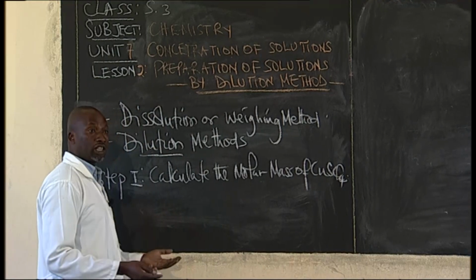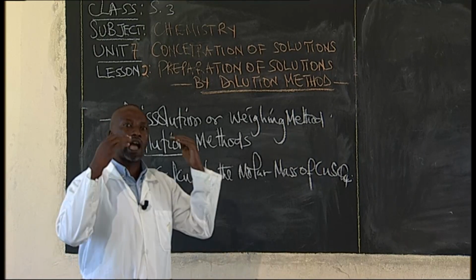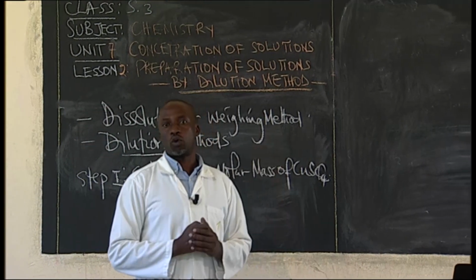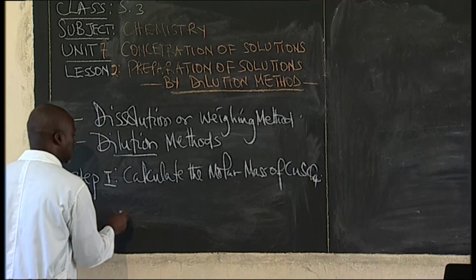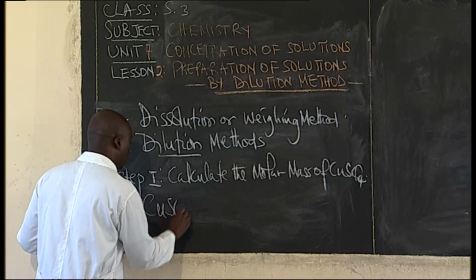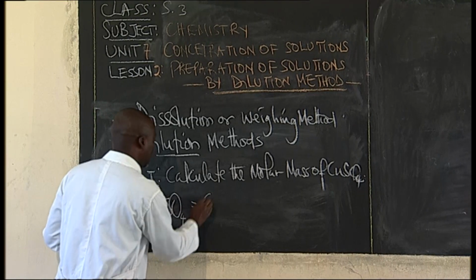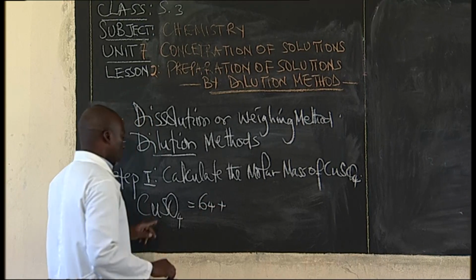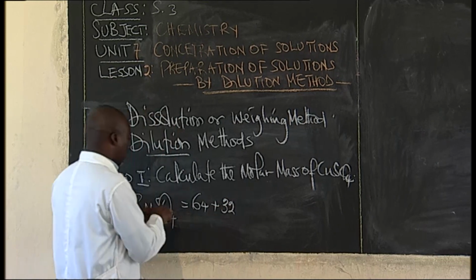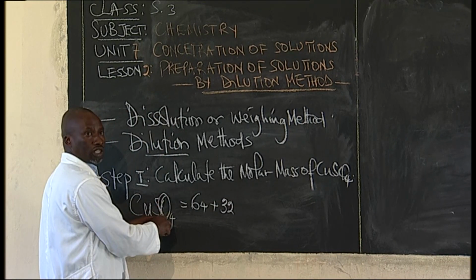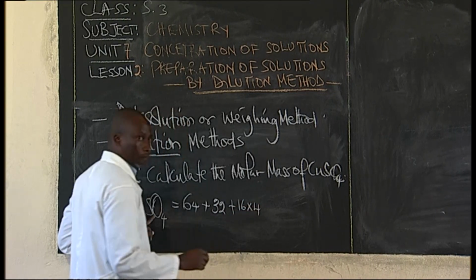So when we are calculating the molar mass, we use atomic masses. And I said you need a periodic table. That is where you are going to get these atomic masses. For example, the molar mass of copper 2 sulfate: the atomic mass of copper is 64, the atomic mass of sulfur is 32, the atomic mass of oxygen is 16, so it will be 16 times 4.